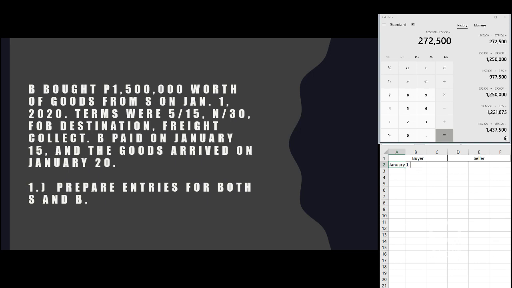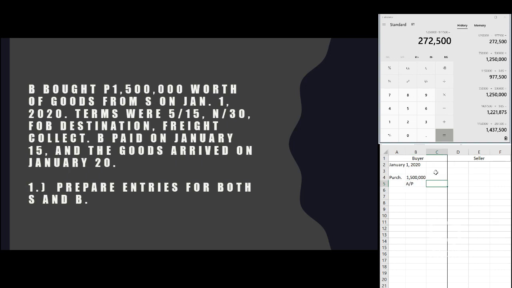January 1, 2020. Lagyan natin siya ng line. Okay. So, January 1, 2020, dun naganap yung pagbebenta. So, buyer will record purchases amounting to 1,500,000 and then credit to accounts payable.